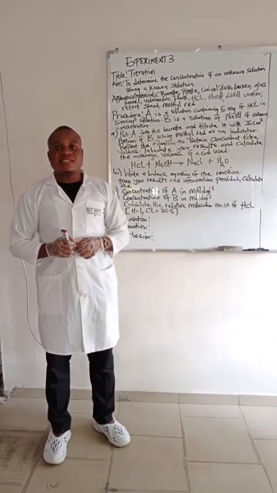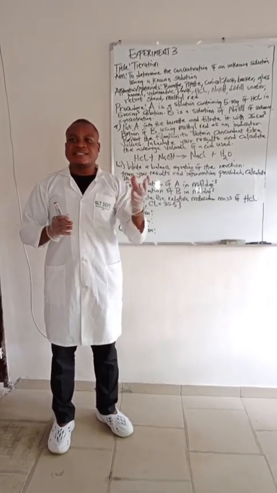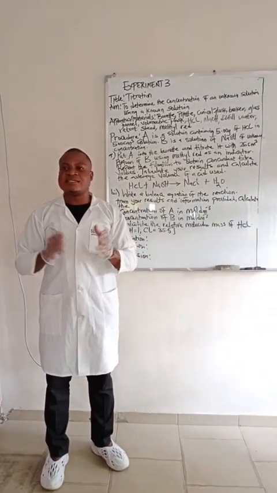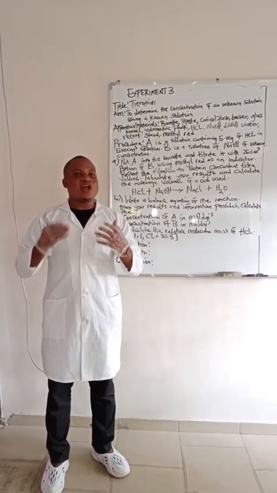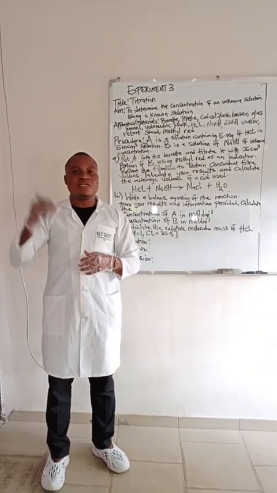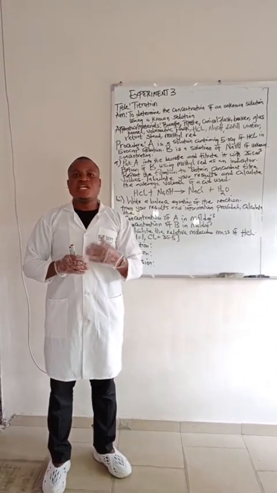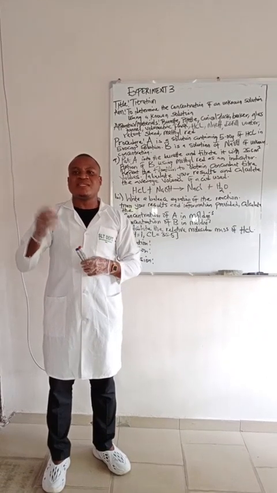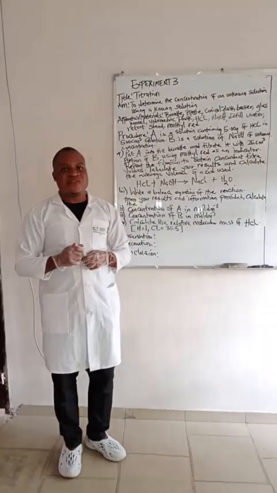When we are talking about titration, we are looking at two solutions, an acid and a base. We look at the color change and the end point of this acid-base reaction. That's what we call titration, or volumetric analysis.